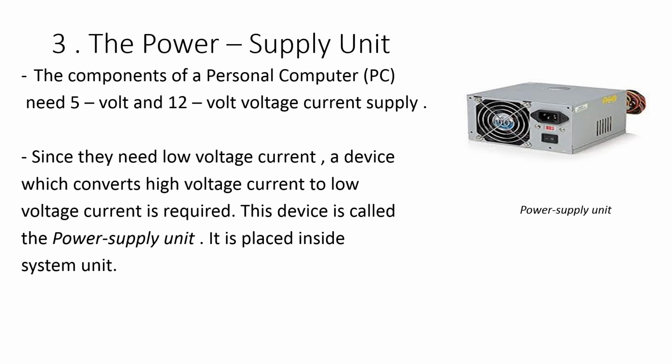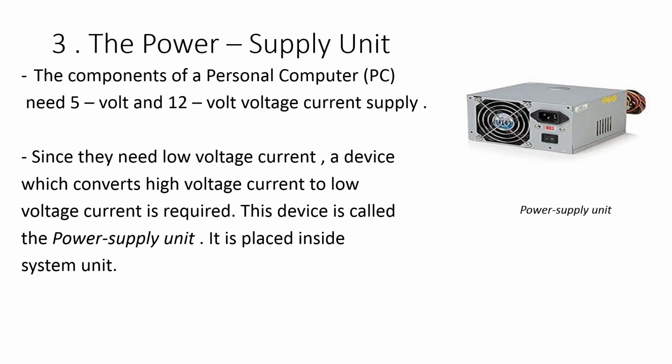Now what is meant by voltage? It is the unit of the current, just like the kilometer is the unit of the distance. In a similar way, voltage is the unit of the current. The components of your desktop need only 5 volt and 12 volt current supply.